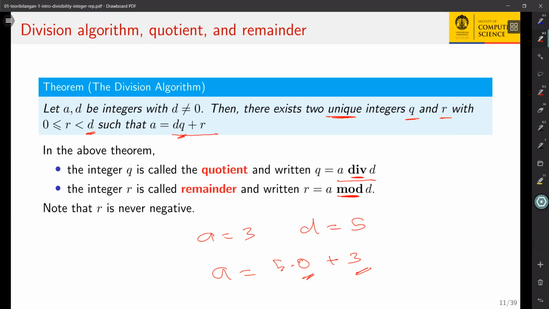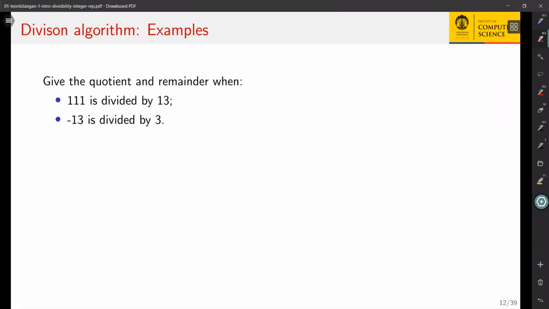Now, this always holds for every pair of integers, as long as D is not 0. Now, let's do this. What will be the quotient and remainder when 111 is divided by 13 and minus 13 divided by 3? Can anyone give an answer? Let me just write it.